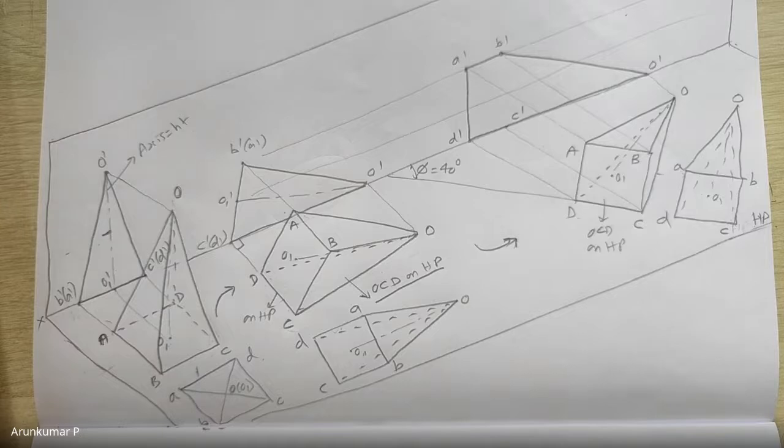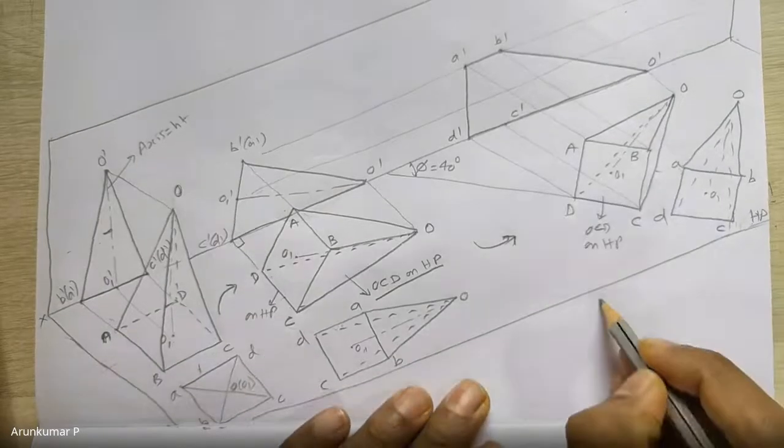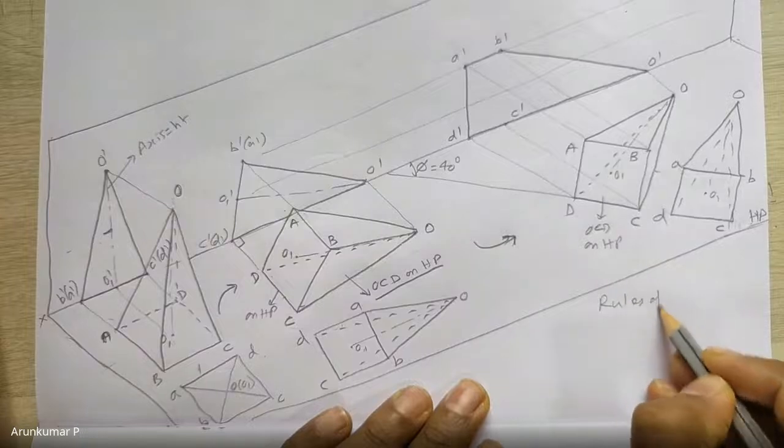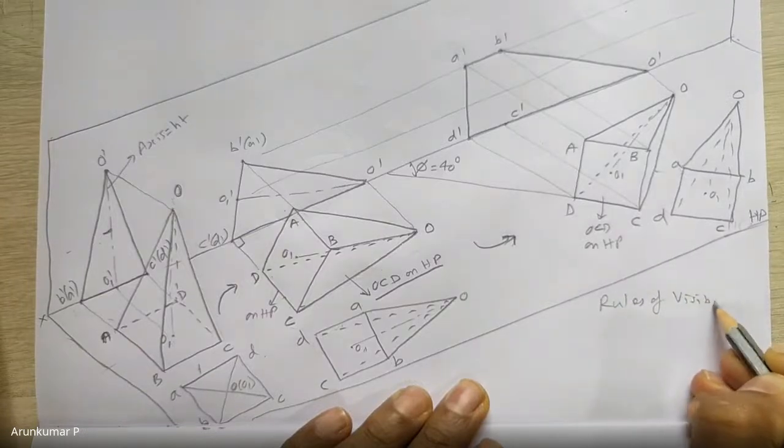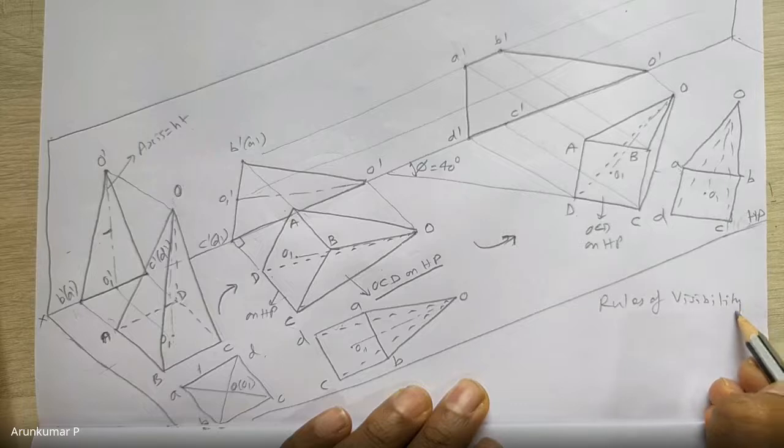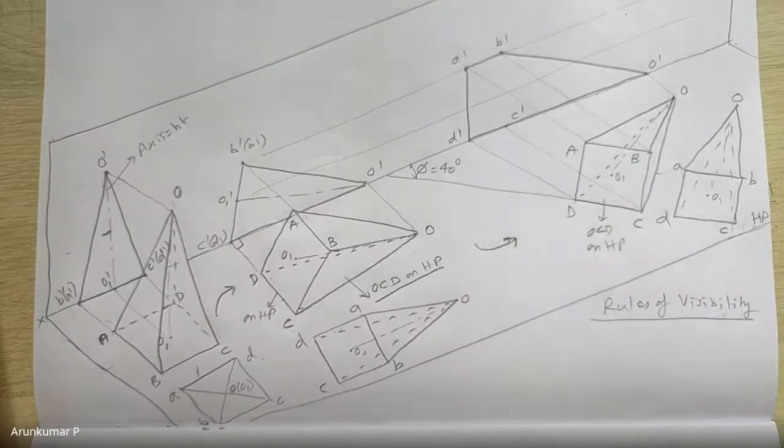And now I've told you there are some small thumb rules or rules of projections, also called as rules of visibility. These rules will help you to visualize what is seen in the front view and what is seen in the top view.